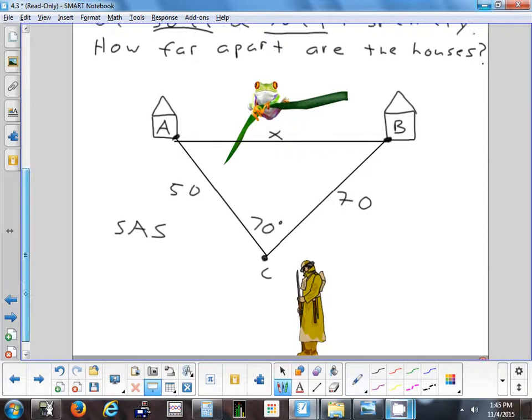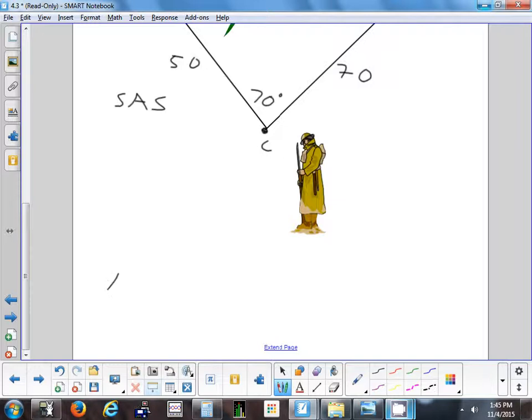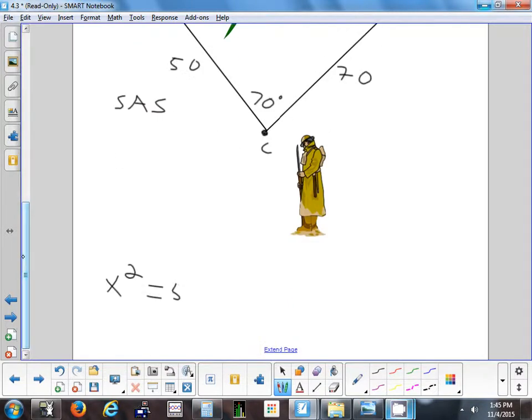Cosines. And here's where we just have to remember the general idea. One side squared equals the sum of the other two squared. Start with that. So x squared equals what comes next? 50 squared plus 70 squared minus twice the product of the other two sides.